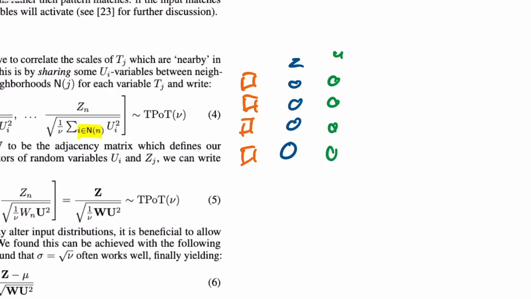Every image produces one z and one u variable, and then when we consider an image, let's say this is the focus right now, we consider its z, and we consider a neighborhood of u's, which amounts to something like a convolution, maybe a neighborhood of 3. So we're going to consider this u and this u.